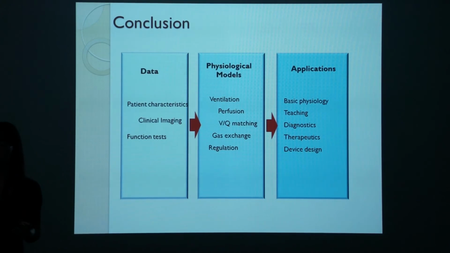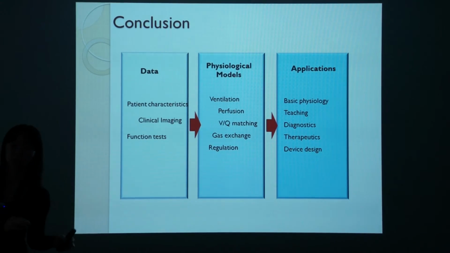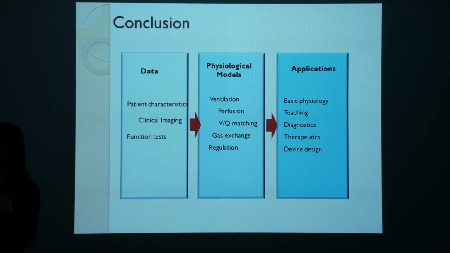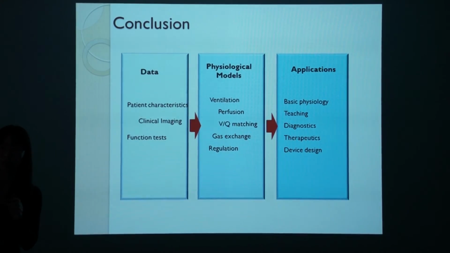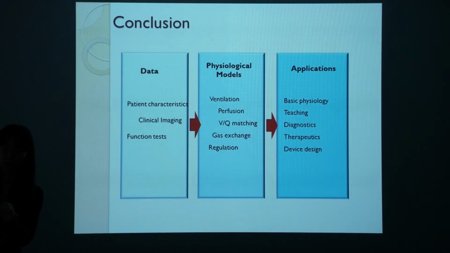Because it's a model, you always want to know if your model prediction of pressure is correct. So they have various functional MRI measurements, or sometimes you can insert a catheter into the heart, right into the ventricle. Then you can measure the exact pressure in the heart, and you can match it with what your model predicts.